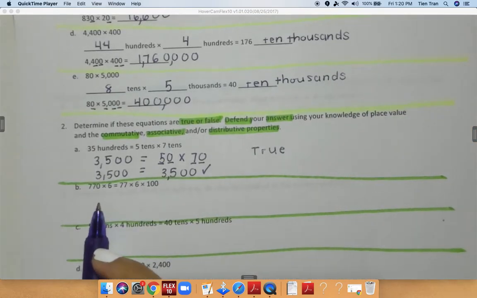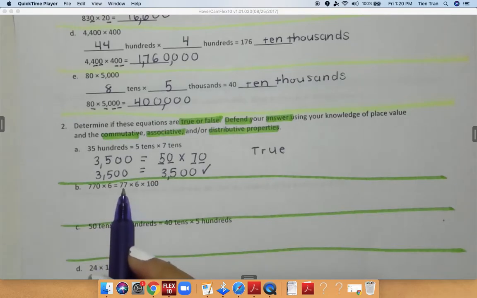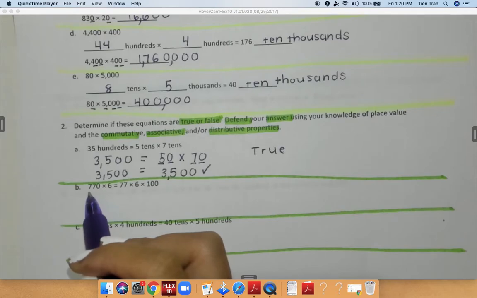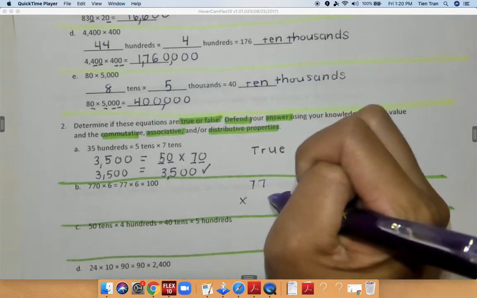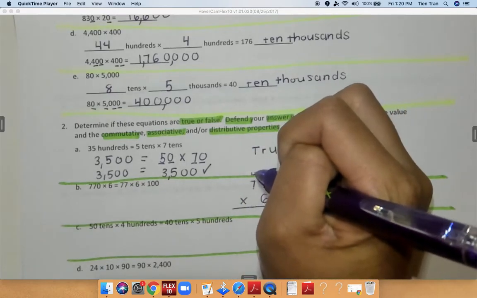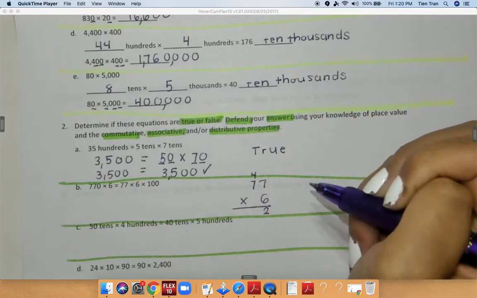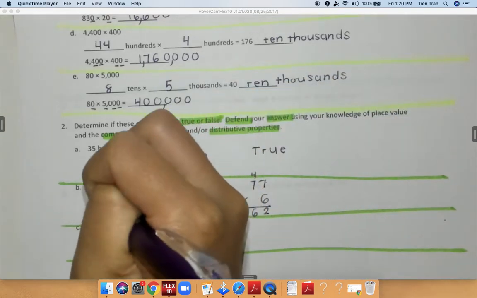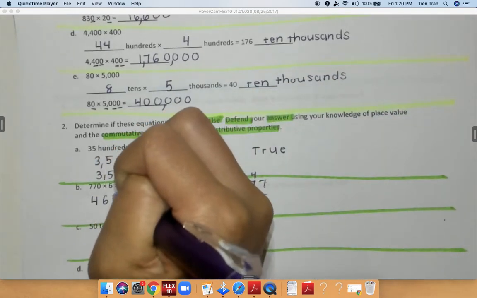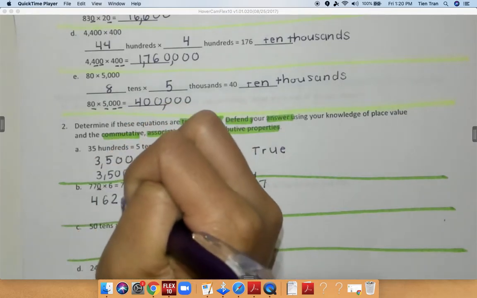Now for problem B, it says 770 times 6 equals 77 times 6 times 100. So I'm going to multiply 77 times 6 on the side. 77 times 6. 7 times 6 is 42. 6 times 7 is 42, plus 4 is 46. So I get 462, and then I add a 0 at the end.